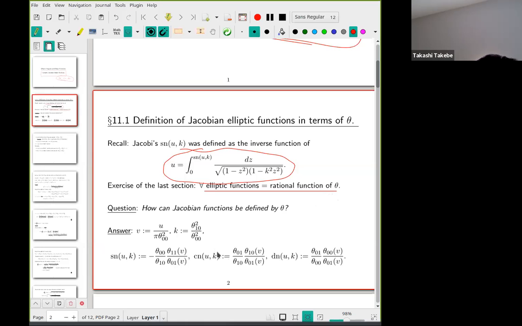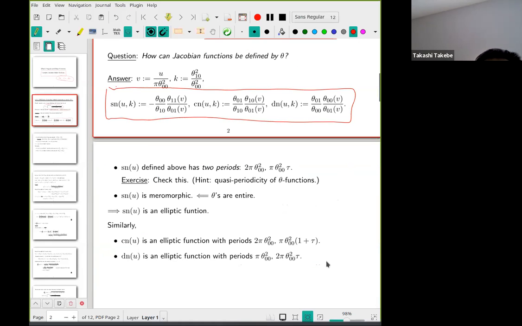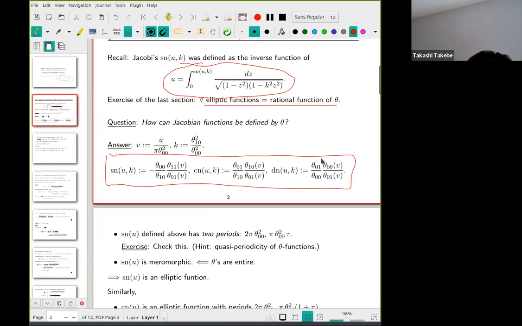And actually we can. Well, starting from the properties of sn and cn, we can get the answer, but here we first give you the answer. And let's check that such definitions really give us what we defined before by elliptic integral.